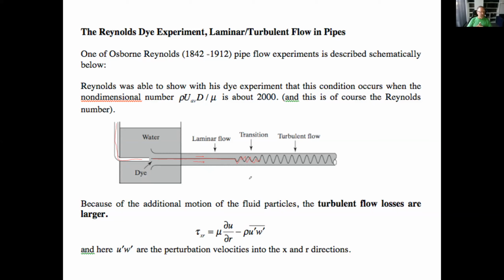He did many, many experiments, and he found out that if this quantity, which is rho U average times the diameter of the pipe over the viscosity, if this number is going to be larger than 2000, then you're going to get this. If the flow is less than 2000, you're going to get the laminar case. The range where things are moving from laminar to turbulent is called transition.